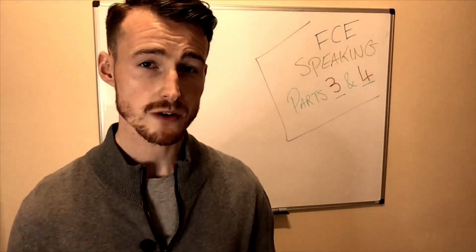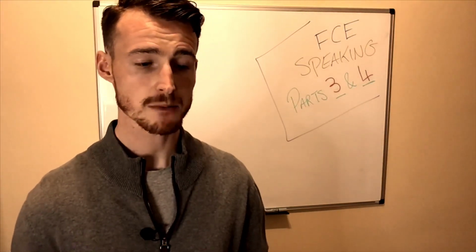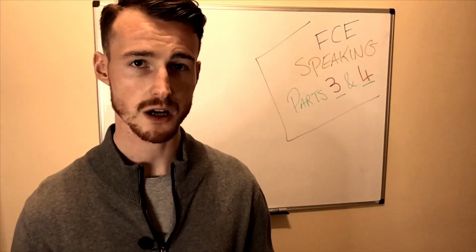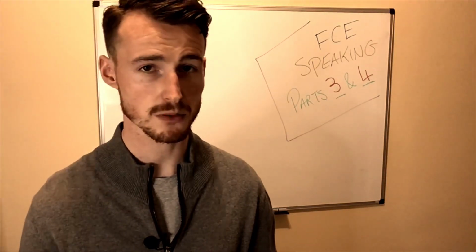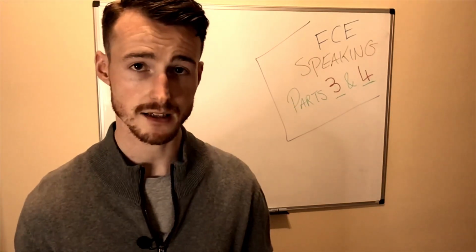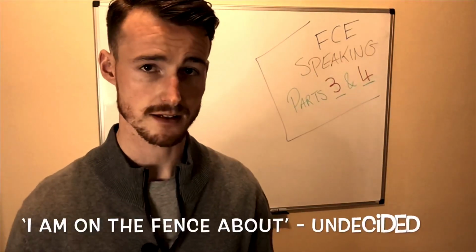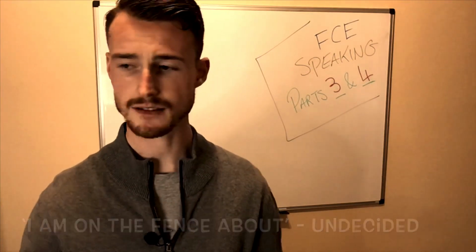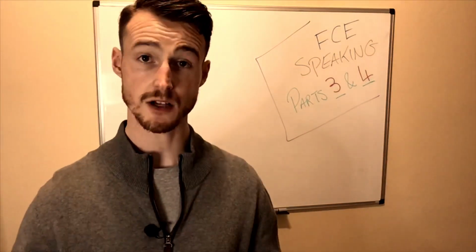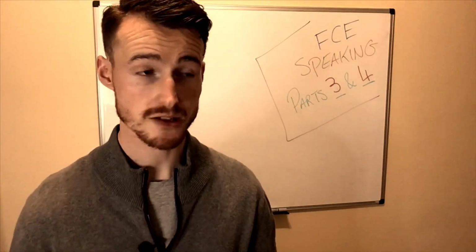But maybe you're not completely sure. Maybe you've got 2 points that you are not really sure about, which one is more important or least important. So you could say something like, I am on the fence. I'm on the fence about pollution and world hunger. So again guys, if you disagree, it's not a problem.